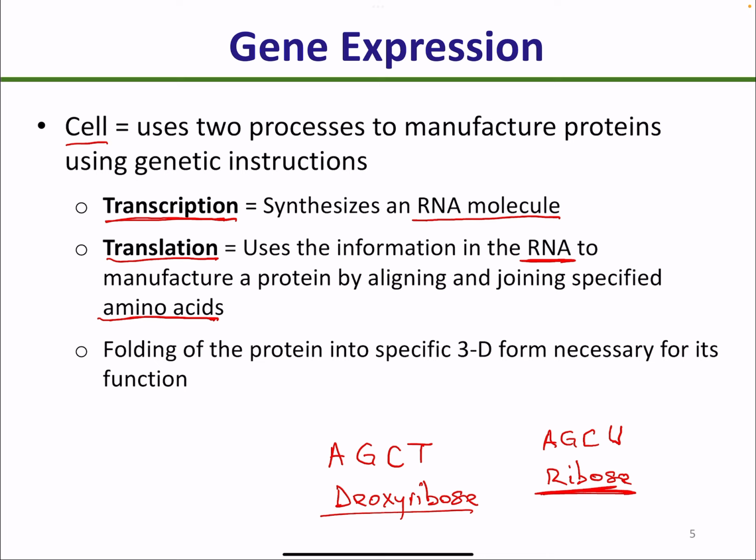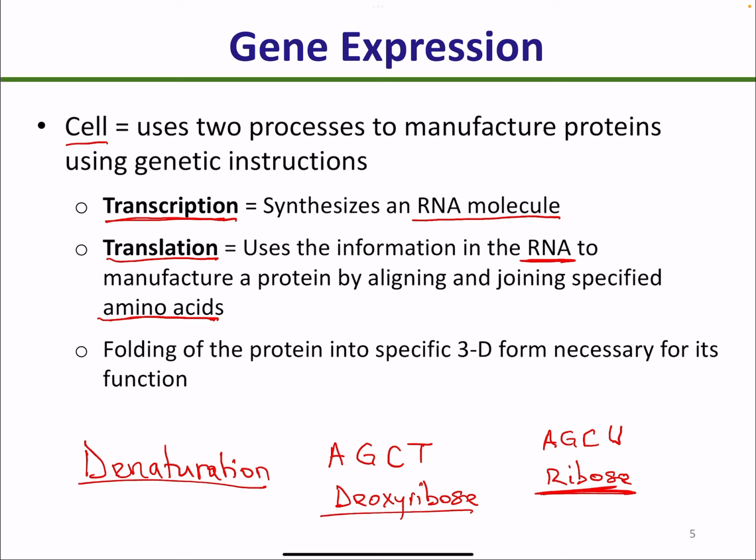Now, there are some environmental conditions that can affect the integrity in terms of shape and also affect the integrity in terms of function. We call this denaturation. Loss of shape equals loss of function, right?